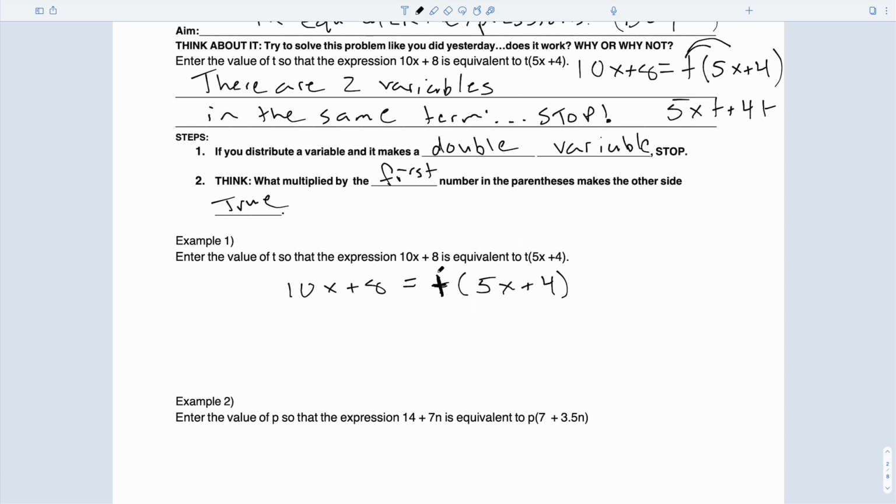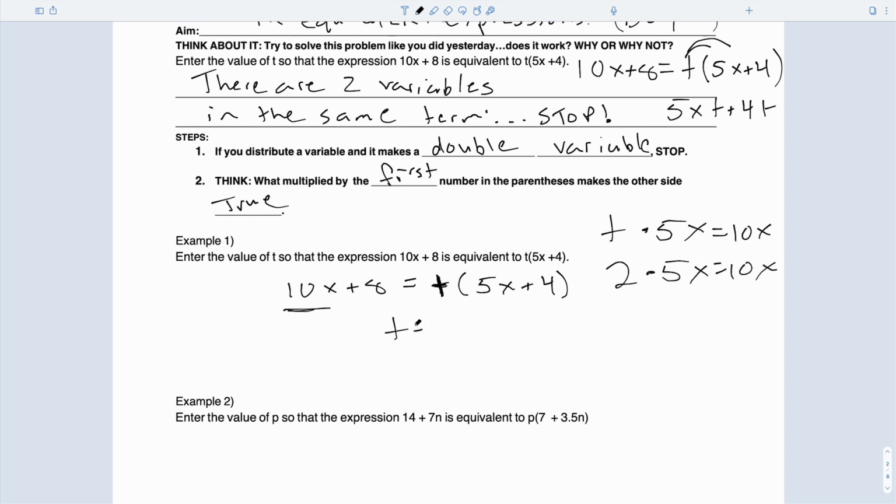So when you're doing this problem, notice how when you multiply it, it makes 5xt. But Colby said, well, you could just think, what times 5x is equal to the other term? Since 5x needs to match 10x somehow, what times 5x equals 10x? Dallin? 2. And 2. So 2 would be your answer, and that would match.